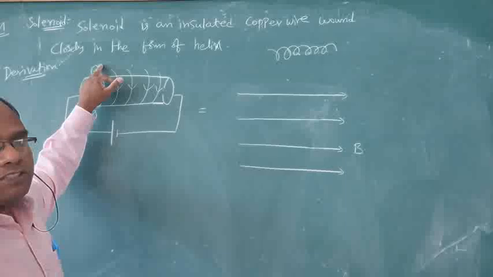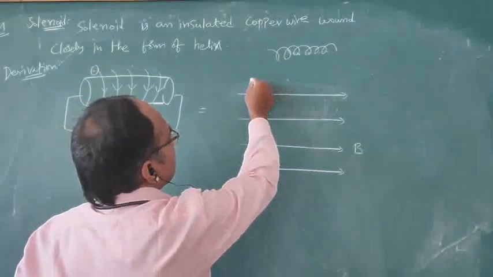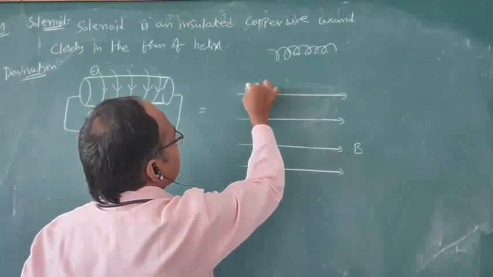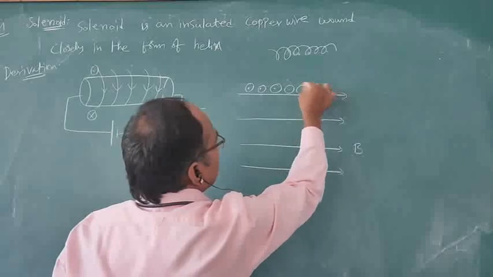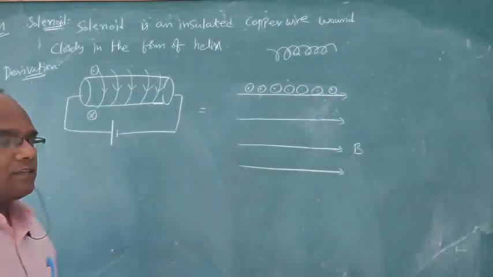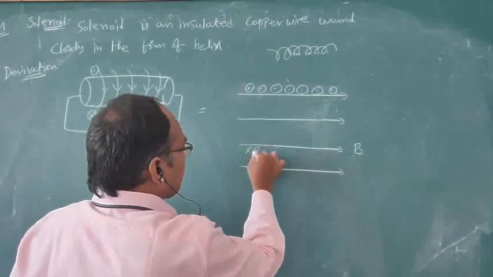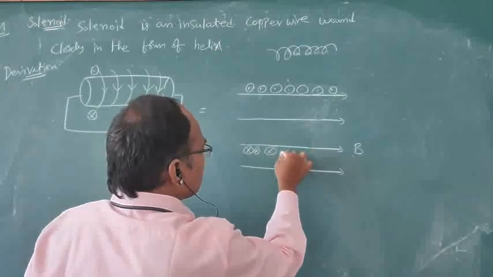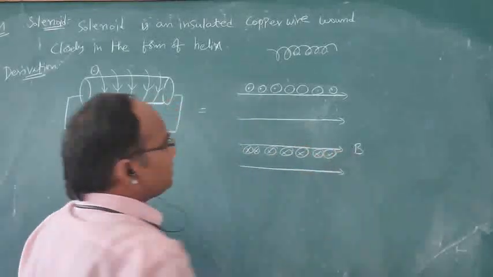Dot means outside. Cross means inside. So this is the dot, it is outside. And here I am keeping the current inside. Why? Because the current is passing from outside to inside.